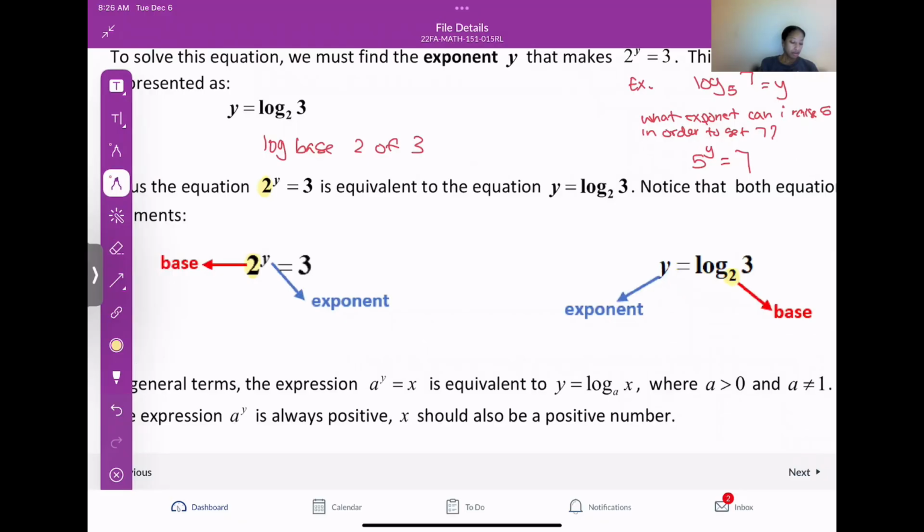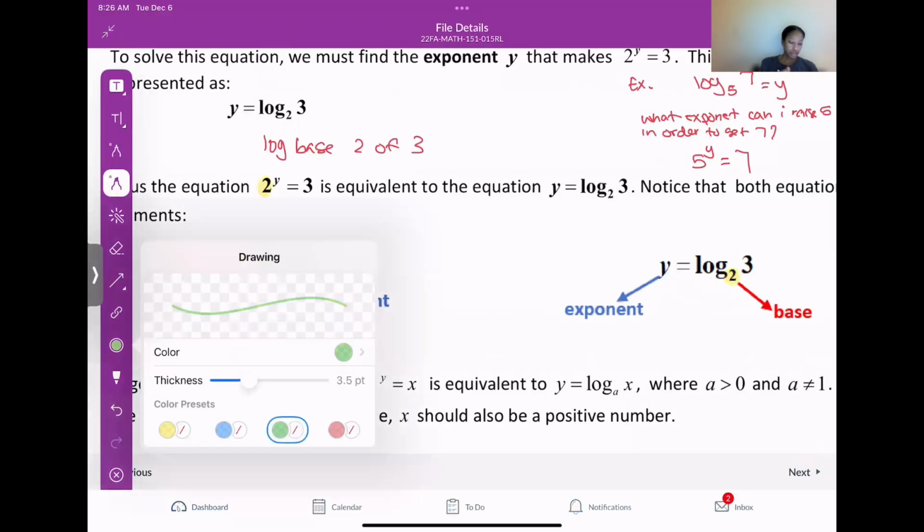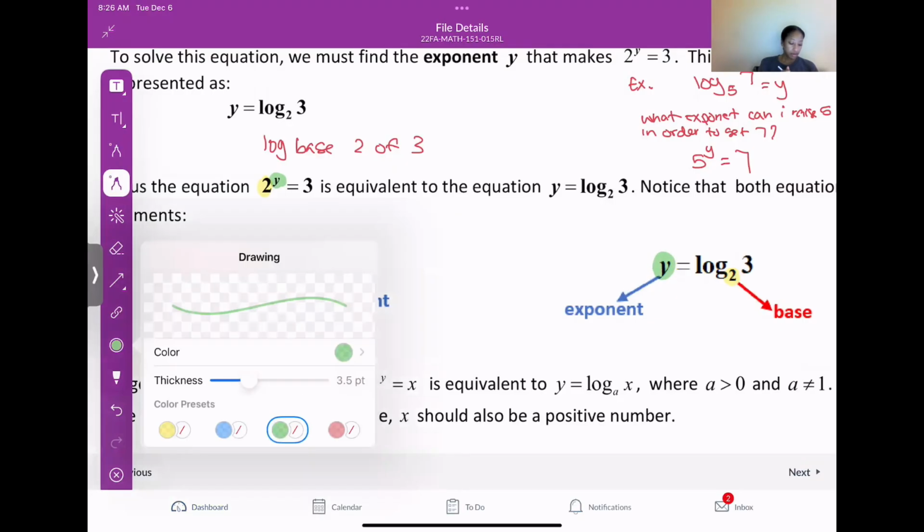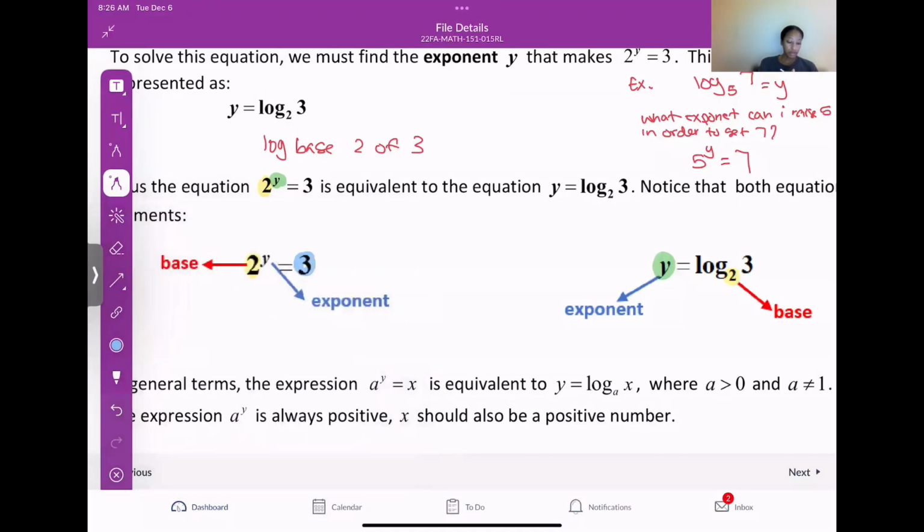We have the exponent for our exponential expression. That is what our logarithm is equal to. Logarithms help us solve for the exponent. And then our third number, that's what we're taking the logarithm of. That's what our exponential equation is equal to. So notice how these three parts move when we go from exponential form to logarithmic form.